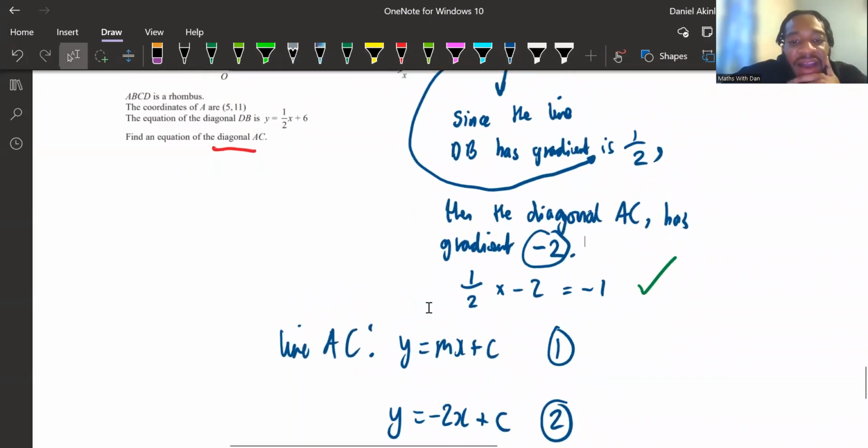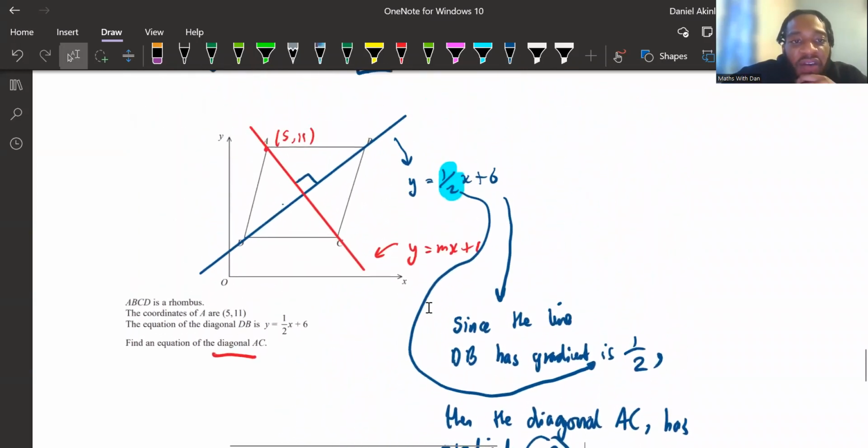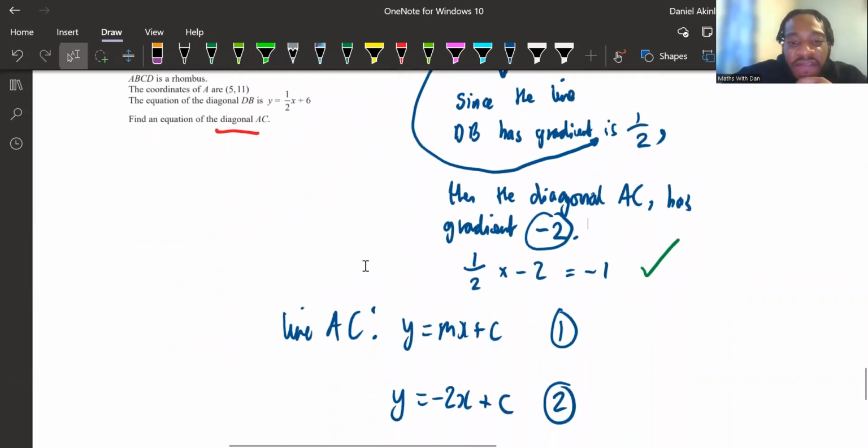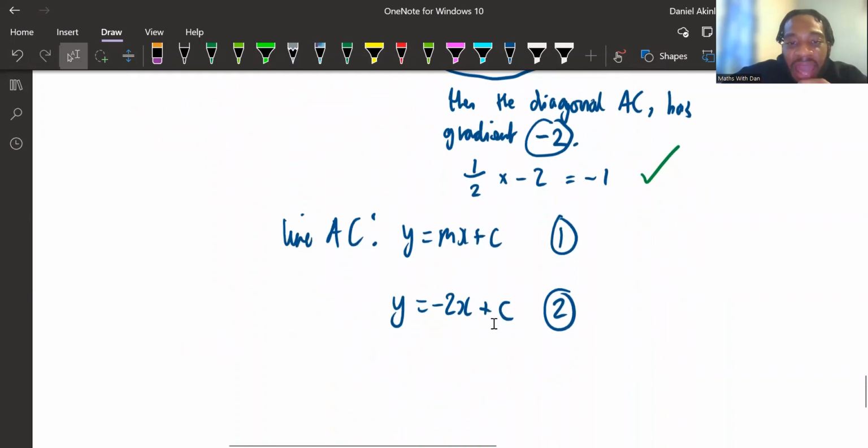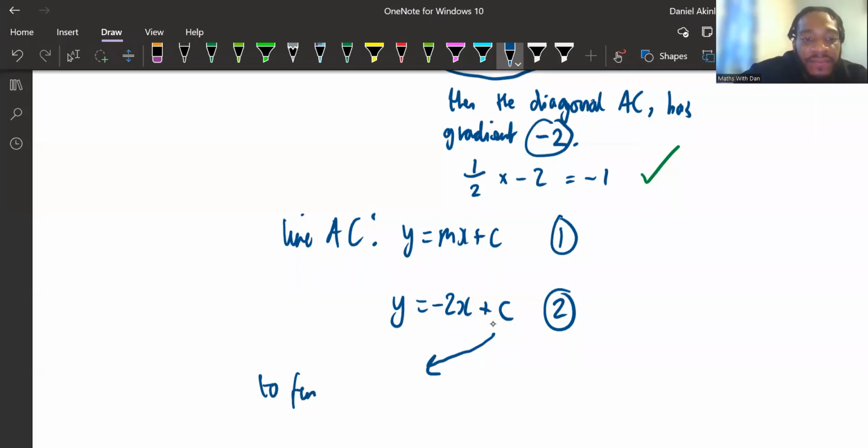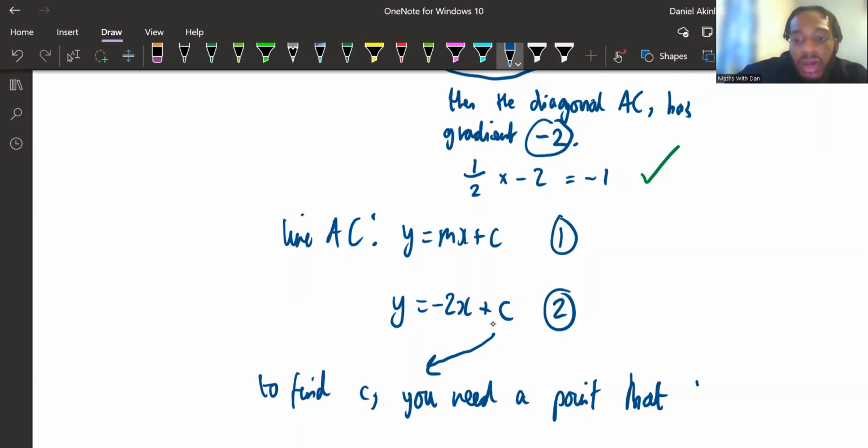Now, how do we find that? Well, let's have a look at the diagram again. Whenever you're trying to find c and it's not clear, you need a point that lies on the graph.